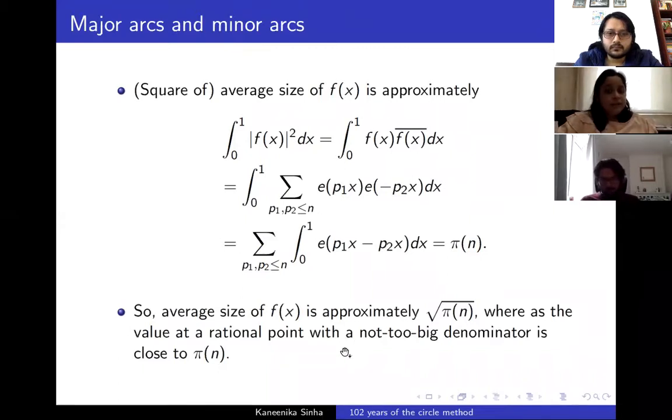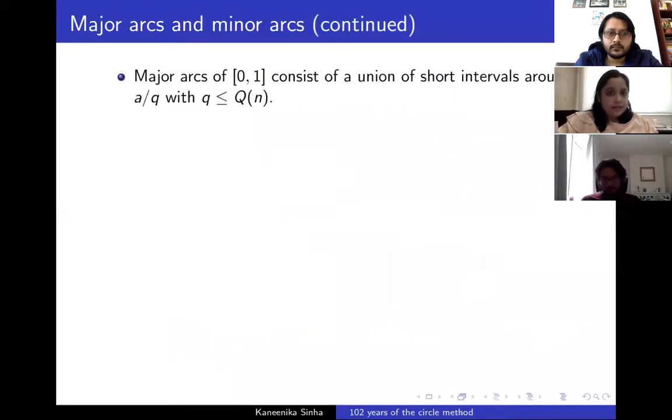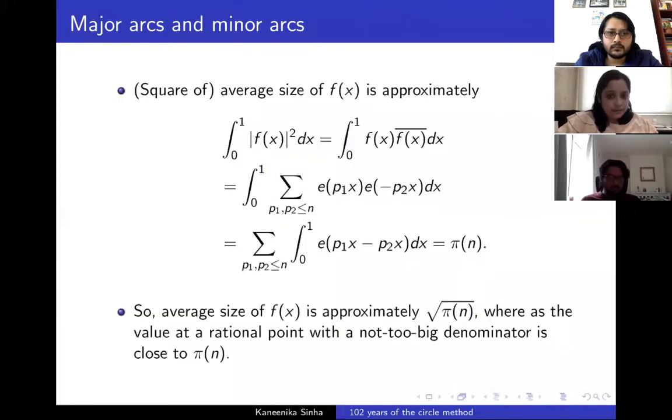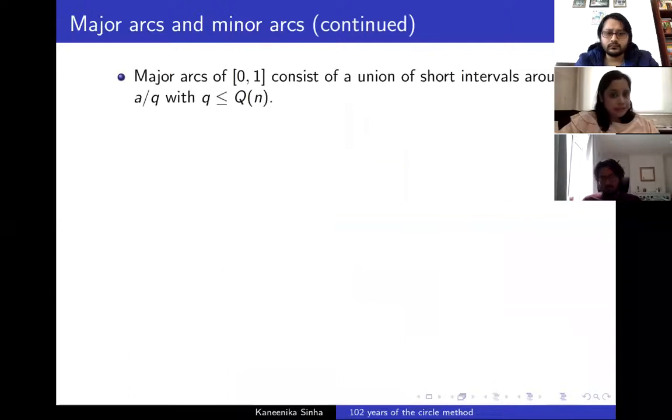So this tells us that pi of n is much, much bigger than the square root of pi of n. Those rational points where the function takes values close to pi of n would be contributing unusually high values of the function to this expression.